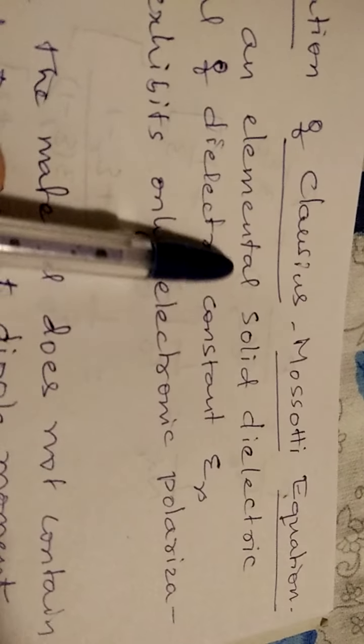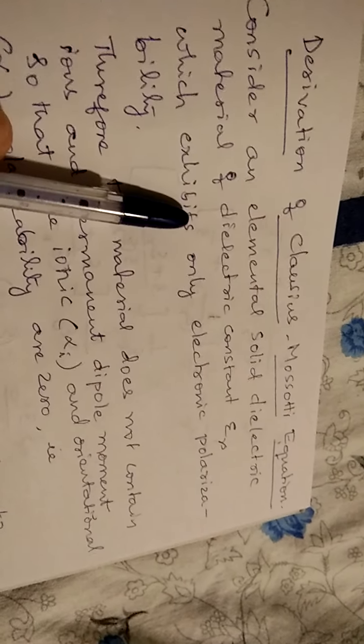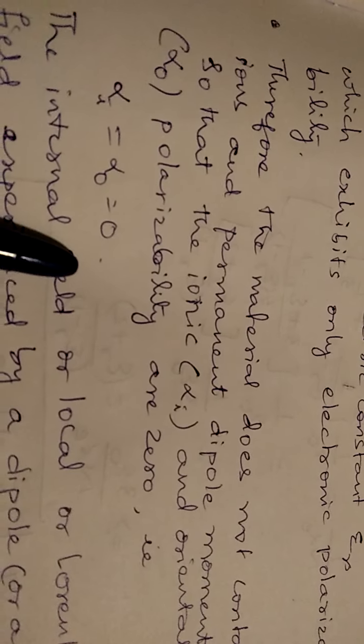Elemental solid means the solid is an element, it doesn't have ions, and it doesn't have a permanent dipole moment. So we can consider ionic and orientational polarizabilities to be 0: alpha I is equal to 0, alpha O is equal to 0. So it exhibits only alpha E, the electronic polarizability.